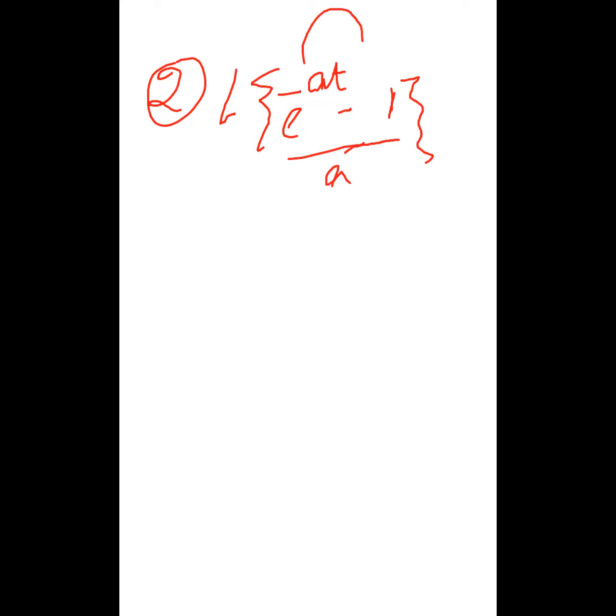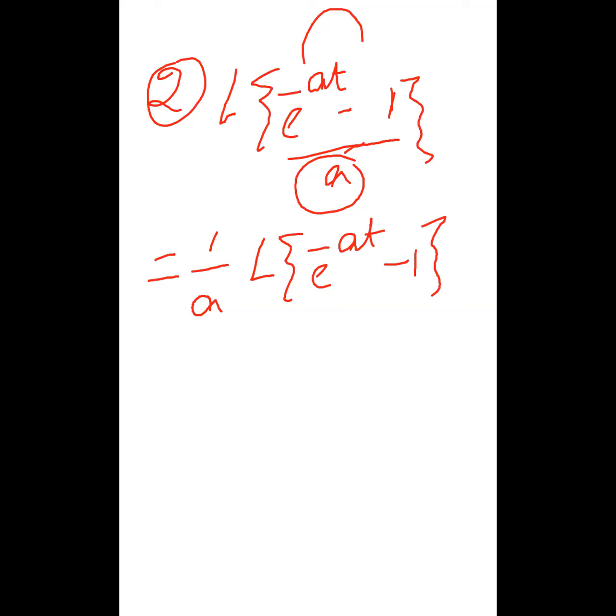In the linearity property, first we write the constant term outside. So here 1 by a is a constant. So first we write the constant term 1 by a, then L of (e power minus at minus 1). To separate the Laplace transform into two functions, first one is e power minus at and second one is 1, because the linearity property is applicable for functions in between either addition or subtraction.